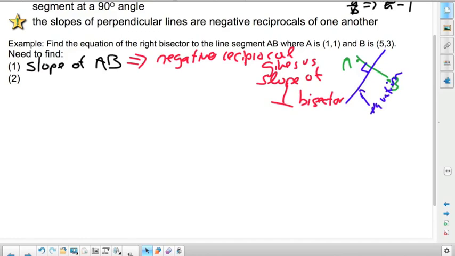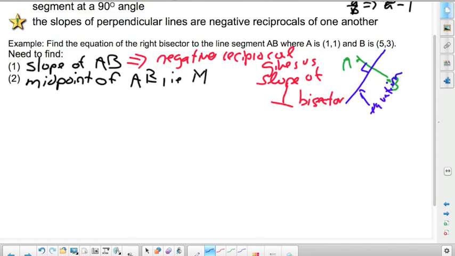What else do we need? Yeah, we need the middle of that line, because that's where the perpendicular bisector has to pass through. It has to pass through the middle of AB. So we need the midpoint of AB.